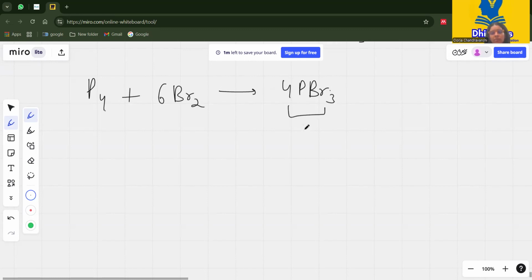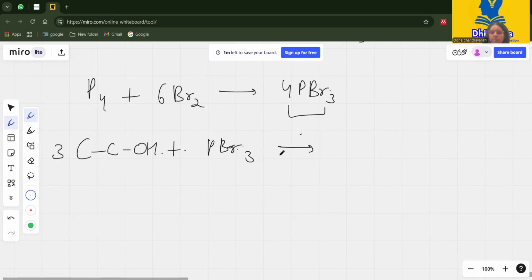This compound can be unstable if taken directly in the reaction, hence we prepare it like this. Then suppose I'm taking 3 molecules of ethanol along with PBr3.